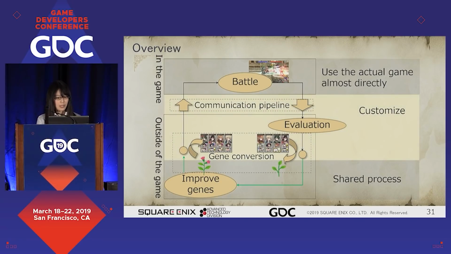If we customize the communication pipeline, the evaluation, the gene conversion process, we can apply this method to other games. Actually, the evaluation and the conversion are small functions, so most of the required customization work is in the communication pipeline.